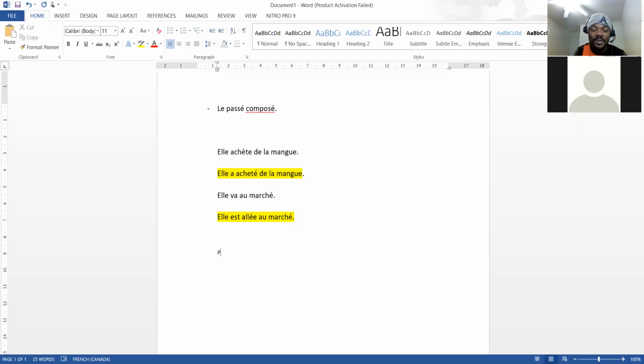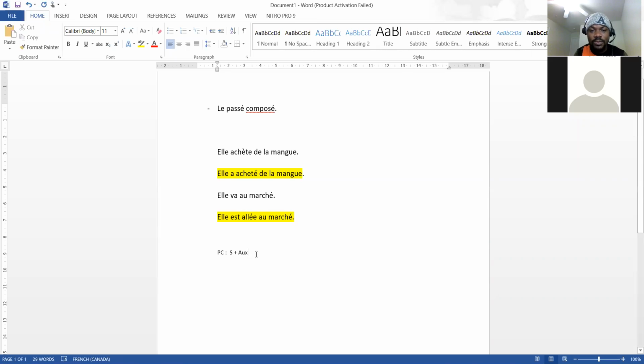I called passé composé PC, which I said is equal to subject plus, now this is a shortcut of auxiliary, plus auxiliary.